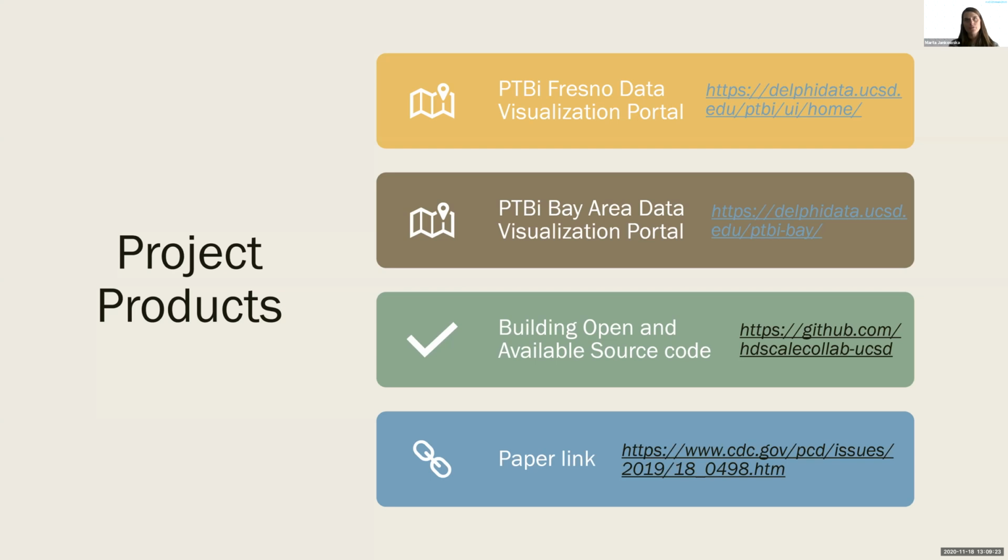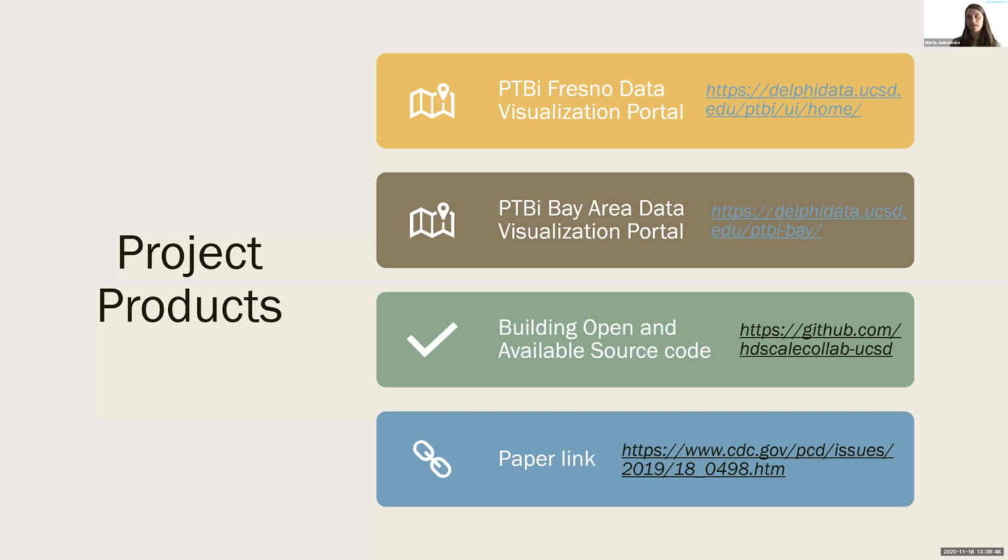So the result of this research has been 4 key products. The first 2 are the Fresno and the Bay Area data visualization portals. The third is actually an open and available source code for the websites. So it's not going to be specifically the website, but it'll be pieces of code that you can use to generate very similar visualizations with your own data.